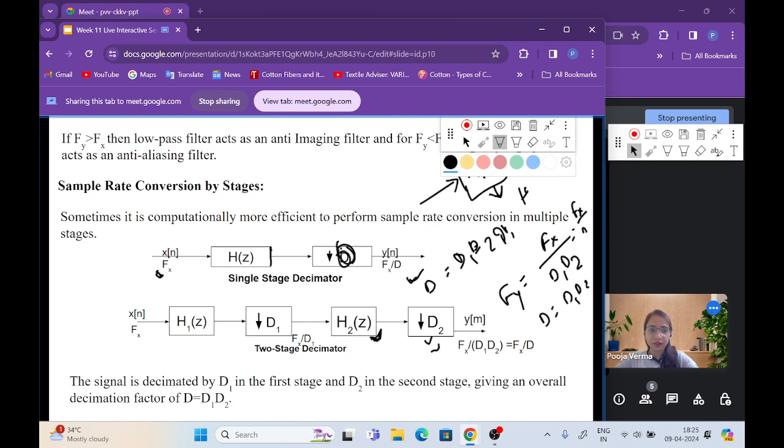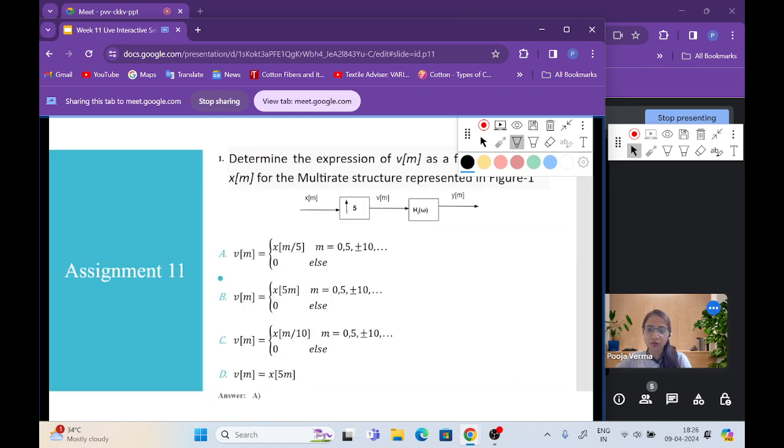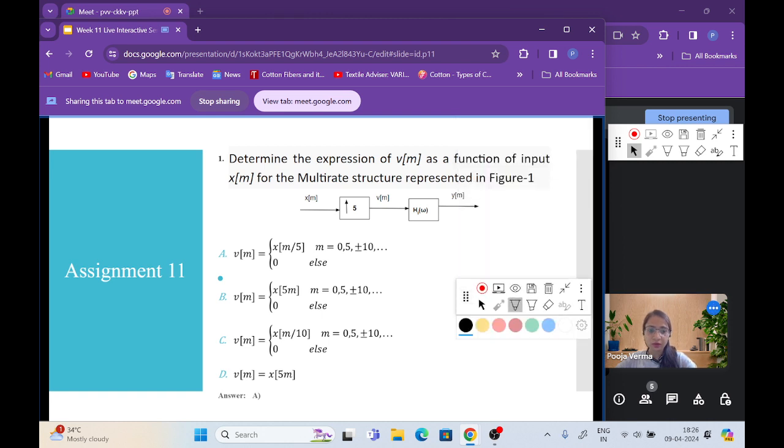Now these are some of the topics which are required while we are solving the questions. So now we are moving to some set of problems. The first question is: determine the expression of v of m as a function of input x of m for the multi-rate structure represented in figure 1. In the figure, the input signal x of m is interpolated.